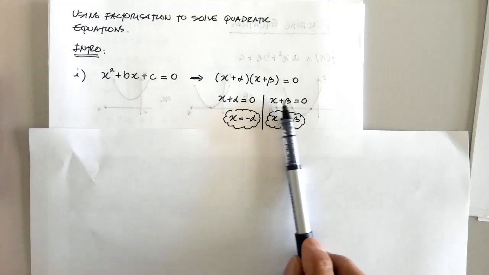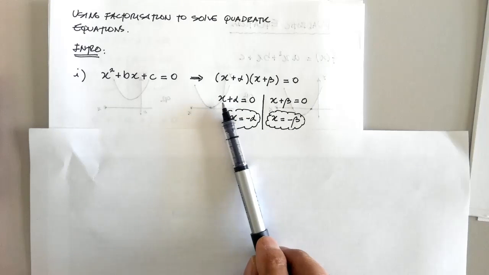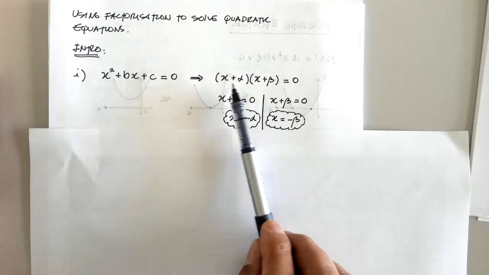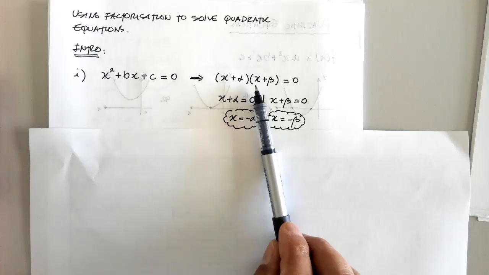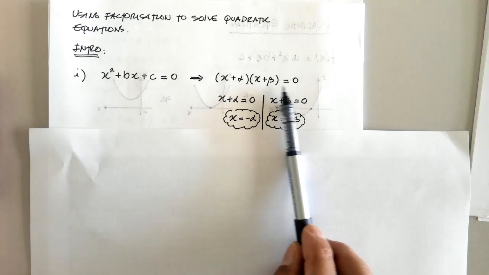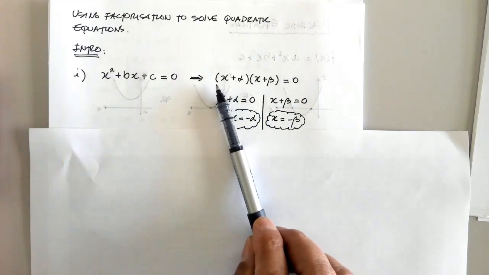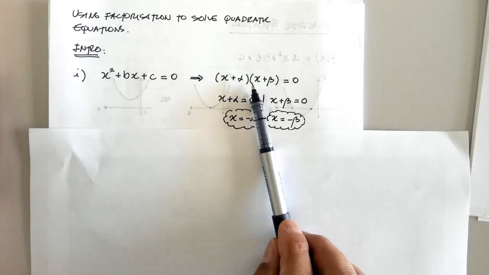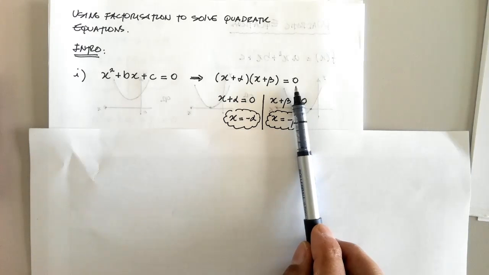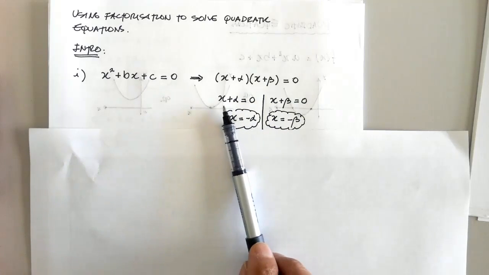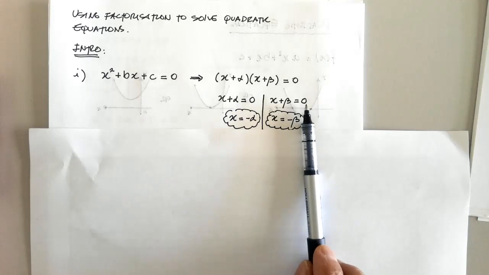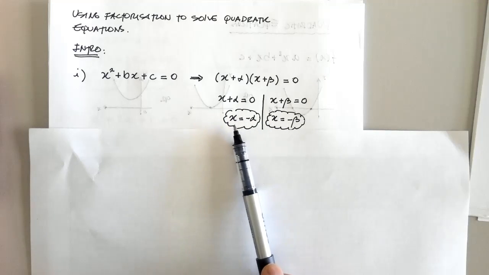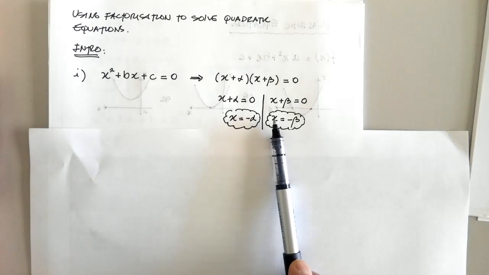We're allowed to do this because when the product of two things equals 0, one of the factors must be equal to 0, otherwise there's no way to have 0 as the answer. Then you find the answer for each equation, and that gives you two solutions.